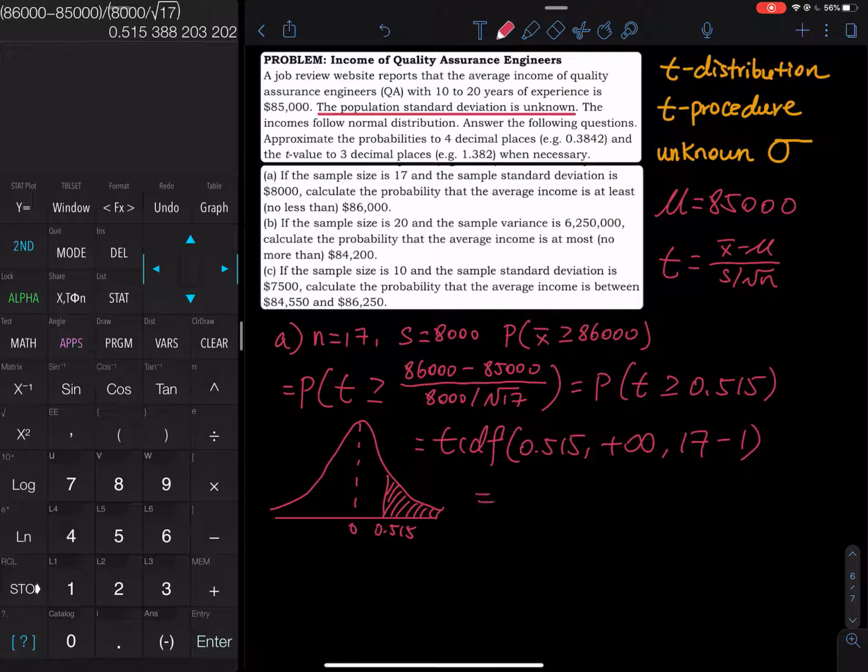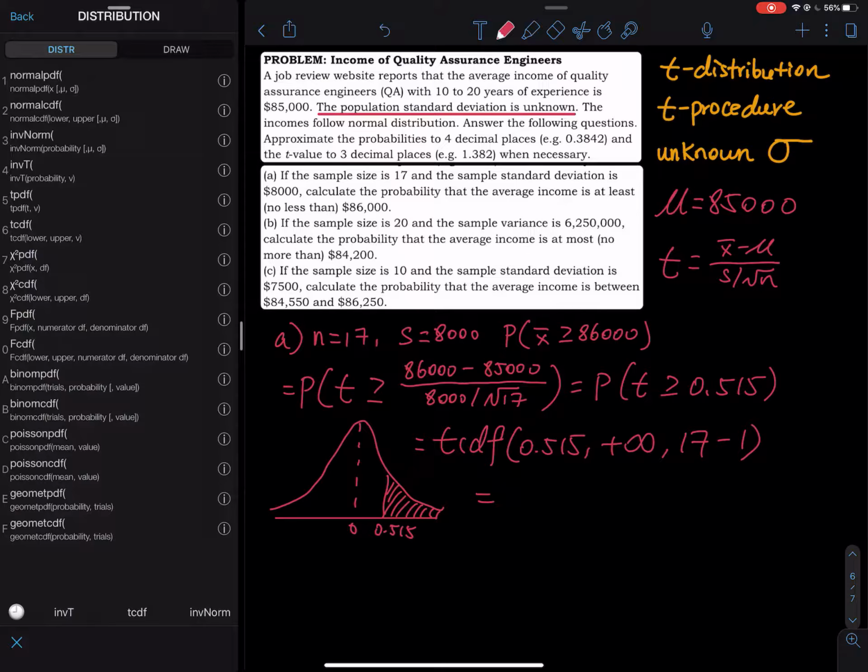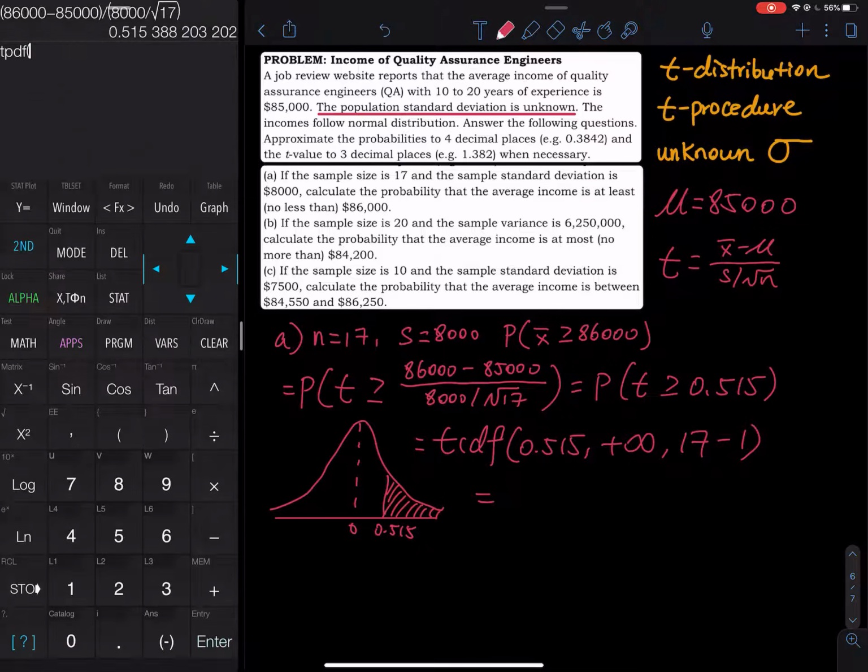Okay, so let's find out the probability. Second vars, t-CDF, and then we go 0.515 to positive infinity, 10 to the 99, and then 17 minus 1, or you type 16. So the probability, how come there is an error?